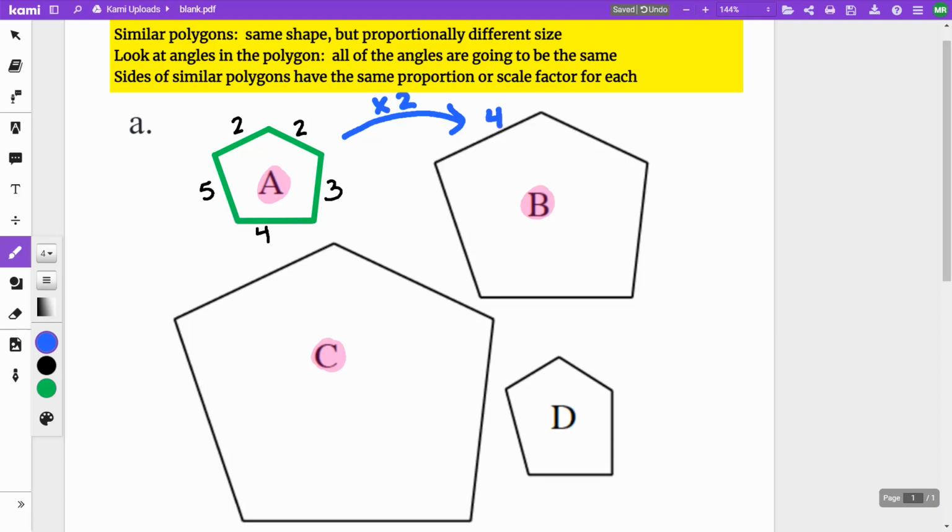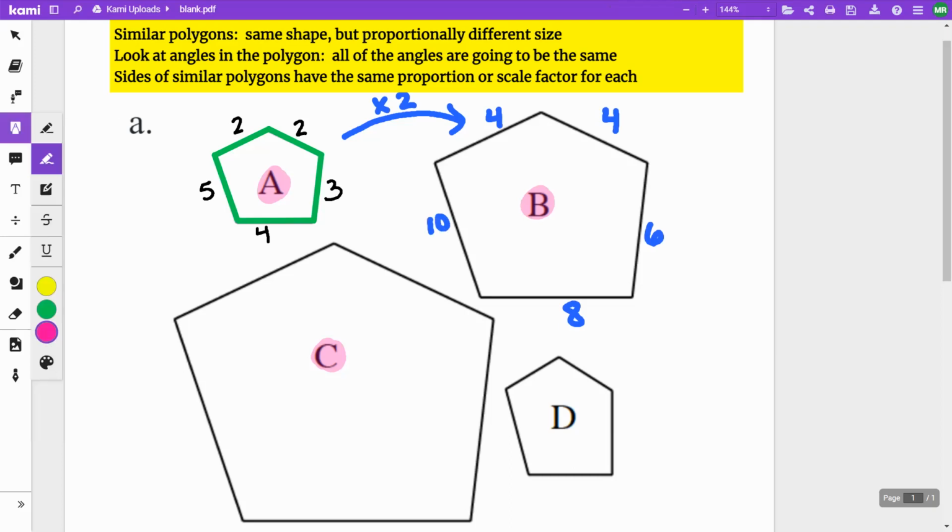So this would be a 4, this would be a 4, this would be a 6, this would be an 8, this would be a 10, because each of these corresponding pieces needs to be doubled from the original. Each of those is going to be double the original.